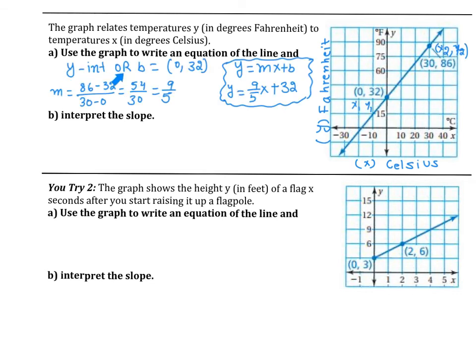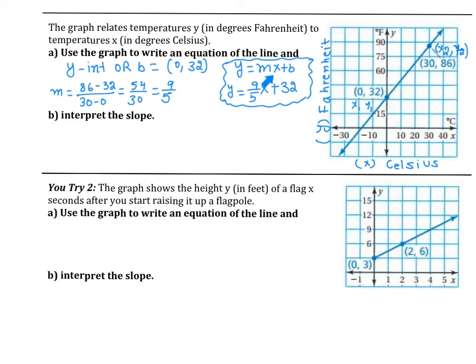Now the y-intercept is given as 32, or 0 comma 32, which is b. For the slope, we are going to use the formula y2 minus y1, which is 86 minus 32, divided by x2 minus x1, which is 30 minus 0. So 86 minus 32 is 54, and on the bottom you got 30. You reduce them, and your value for m would be 9 divided by 5.